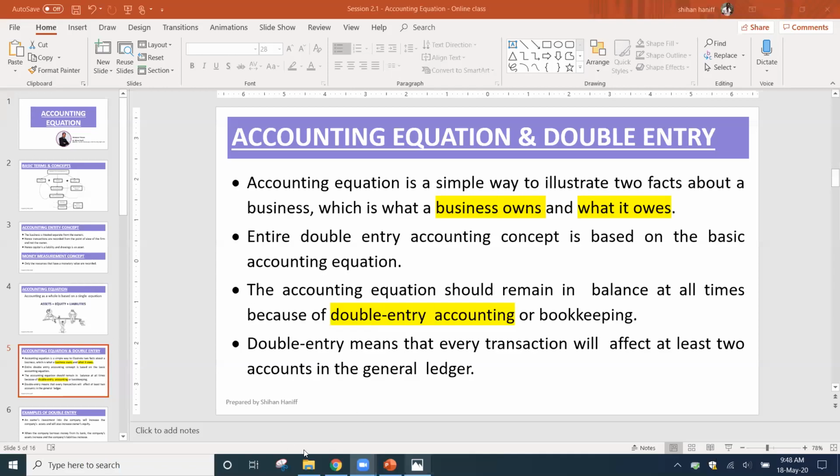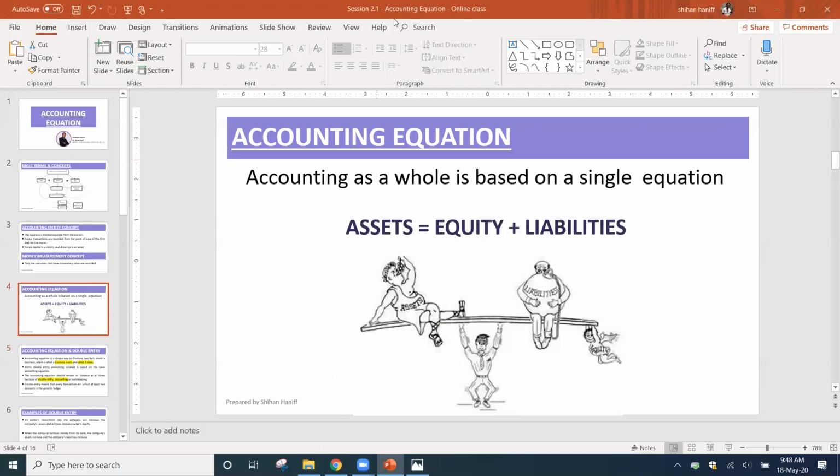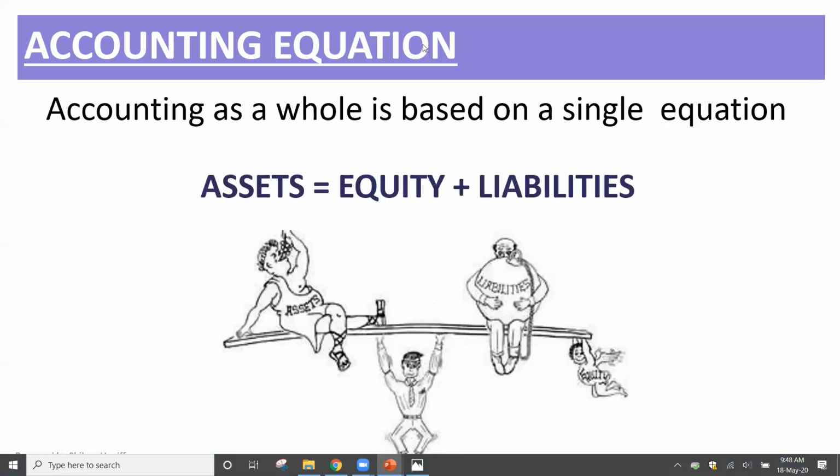That is: assets equals capital plus liabilities. Assets equals equity plus liabilities. So that is the main equation, right? Always assets equals equity plus liabilities.